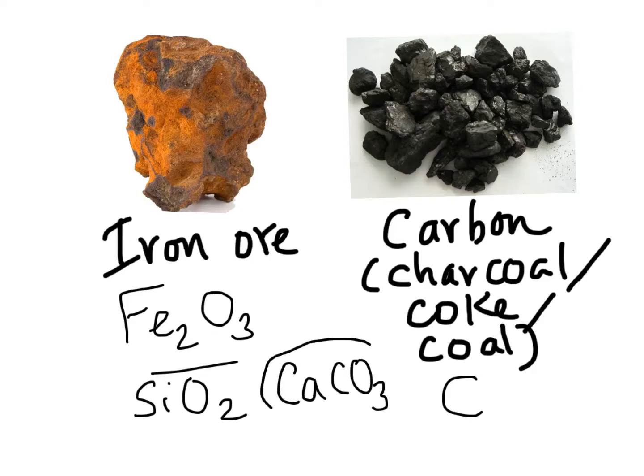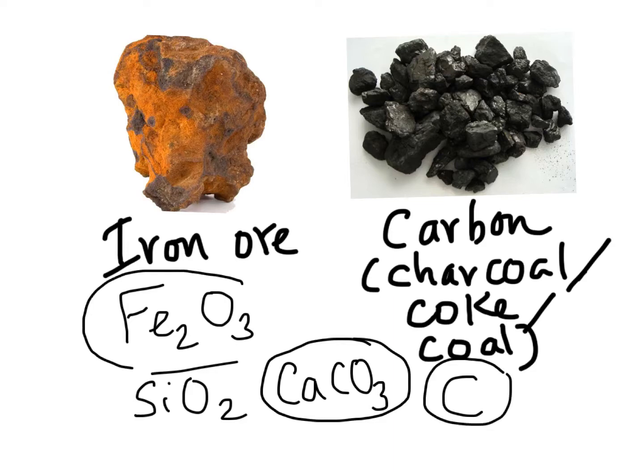So these are the three main substances involved, and we should be familiar with this. And this is the impurity. Silicon dioxide is essentially sand or quartz, and this is one of the main impurities present in the iron ore.